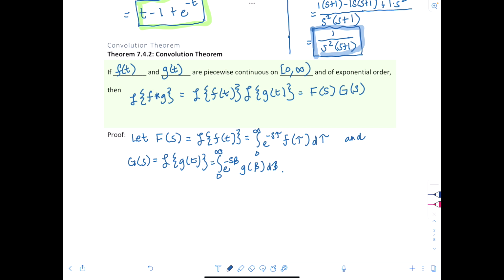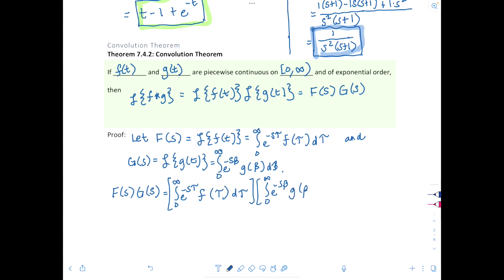So now we want to multiply. We want to see what the product looks like. Capital F of s times capital G of s, which are the results of the Laplace transforms, is going to be equal to the integral from 0 to infinity of e to the negative s tau times f of tau d tau, times the integral from 0 to infinity of e to the negative s beta times g of beta d beta.